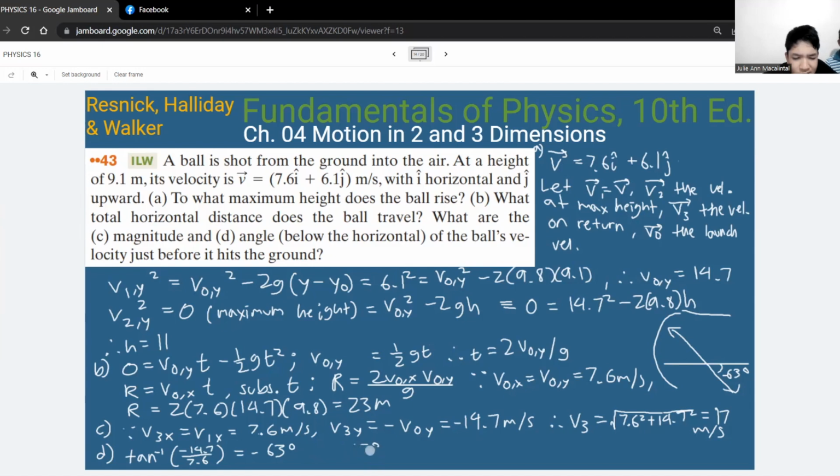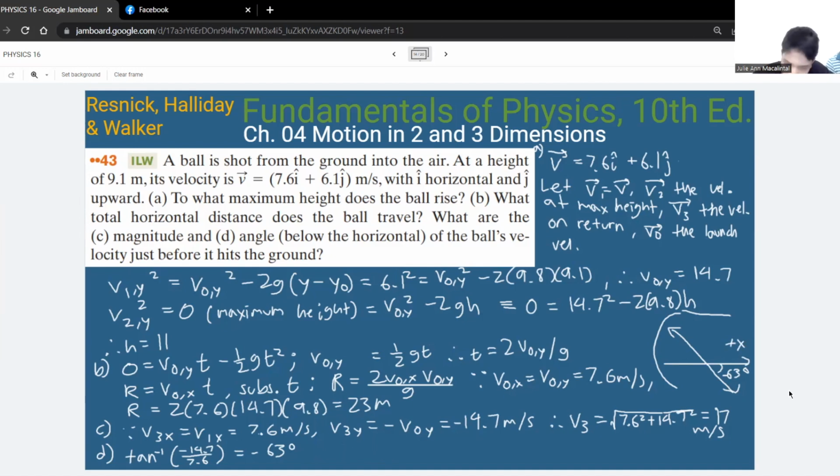Ayan. So, pag kumuha ng tangent inverse, angles that will give you that value of tangent would be negative 63 and 117 degrees. Pero, isa lang yung kailangan natin.